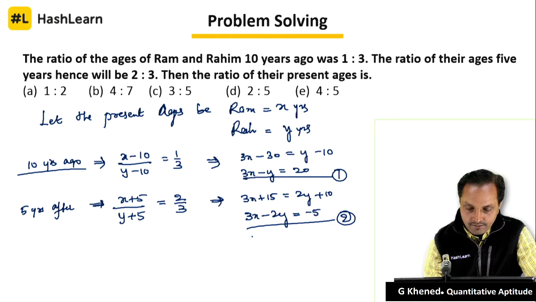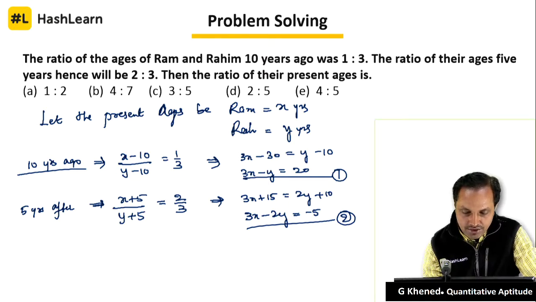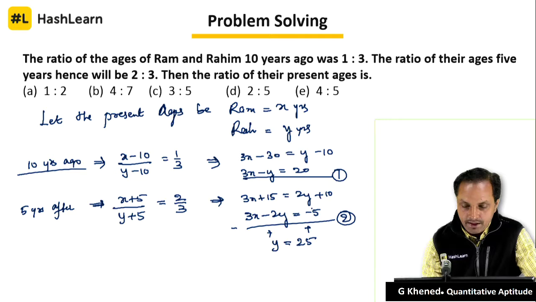So if I solve, I will change the sign for this and this. This will become minus, and this will become plus, and this will become plus. So 3x cancels, 2 minus y is y, and 25. This is 20 plus 5 is 25.